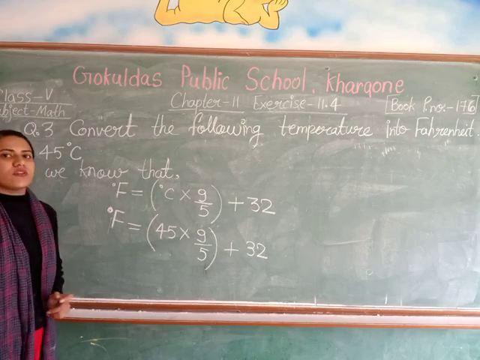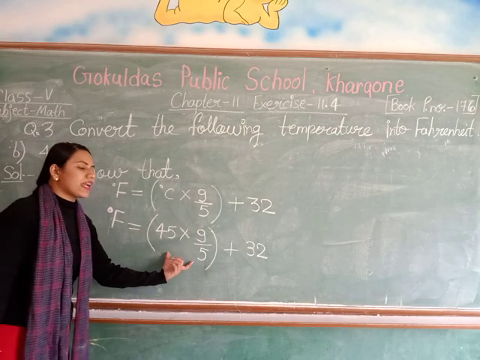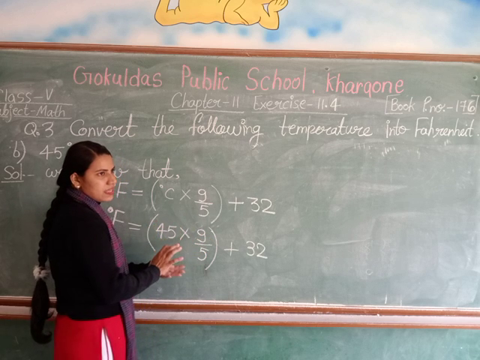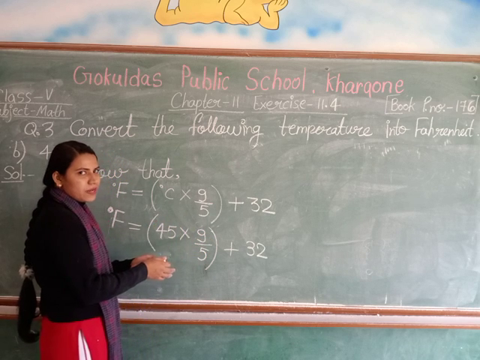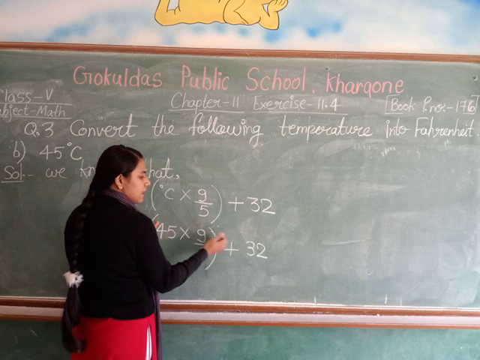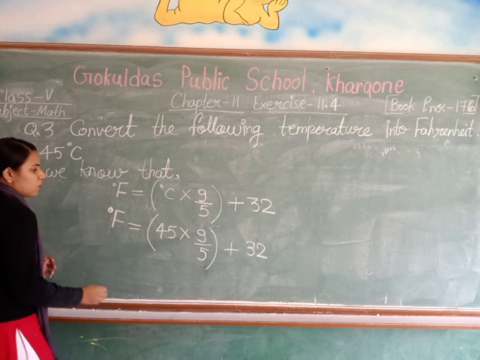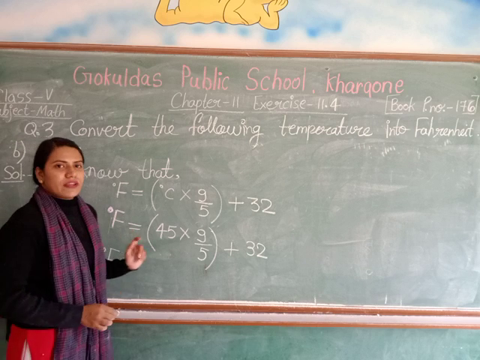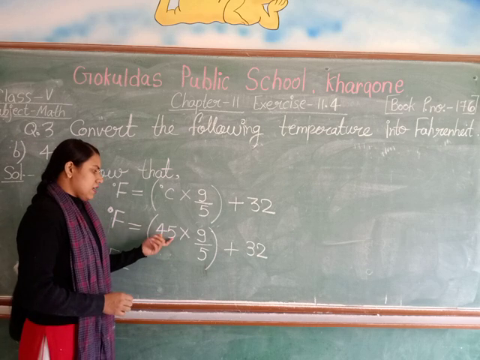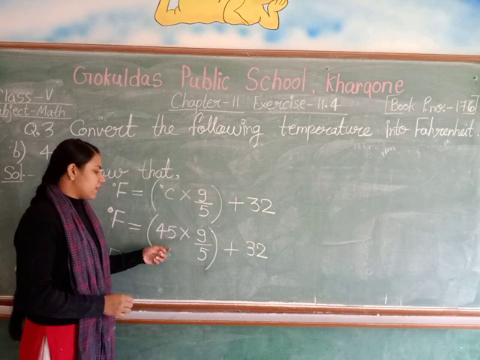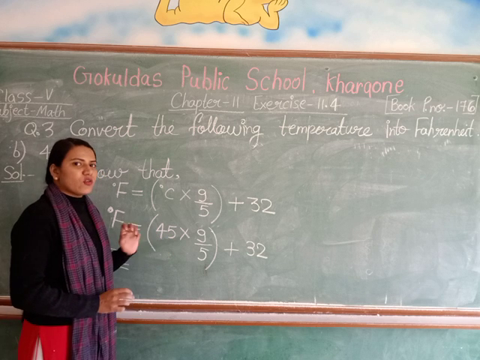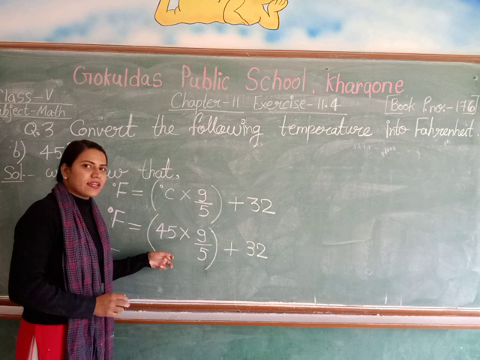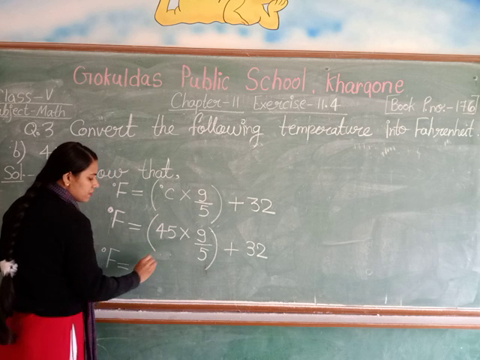As we know, we always solve the bracket first. Whatever operation is given inside the bracket, we will solve this part first, then we will solve the remaining. Now this number 45 doesn't have any denominator. If any number doesn't have a denominator, always 1 will be in its denominator.